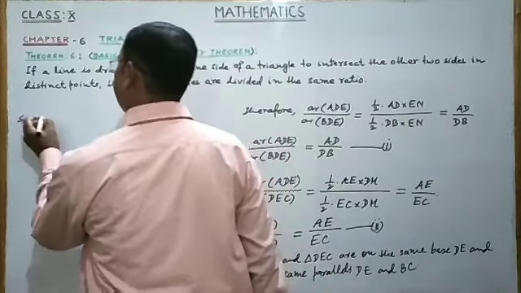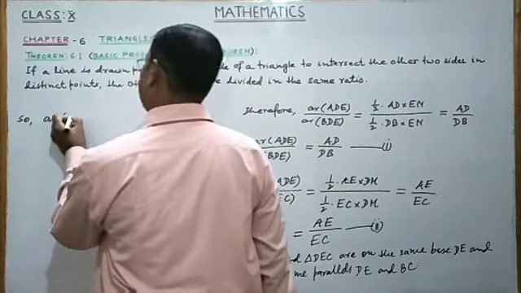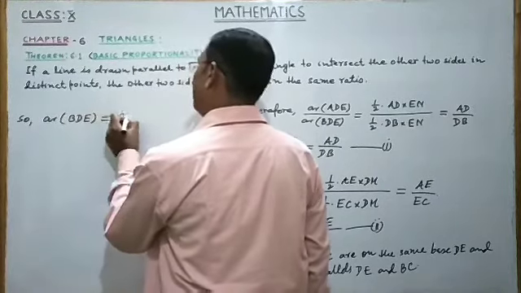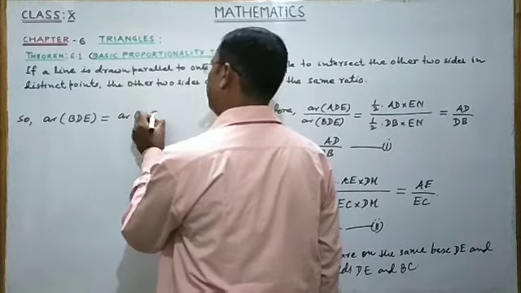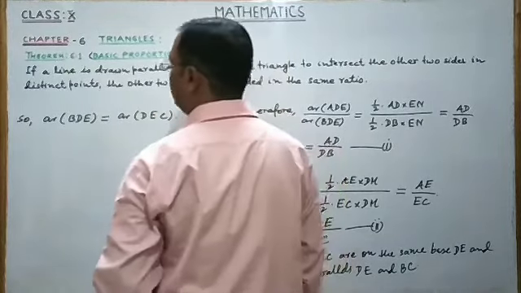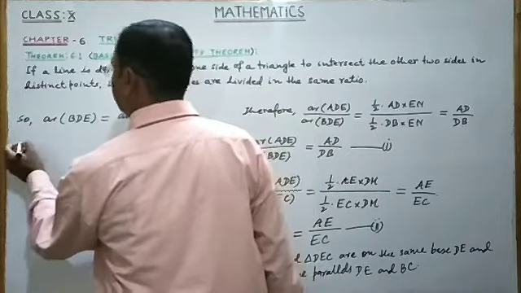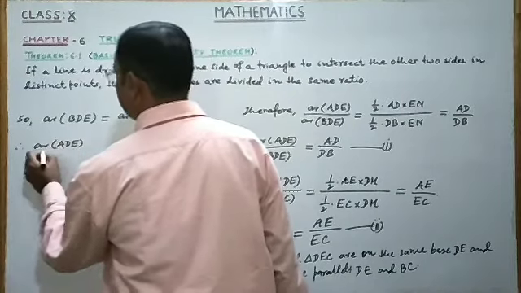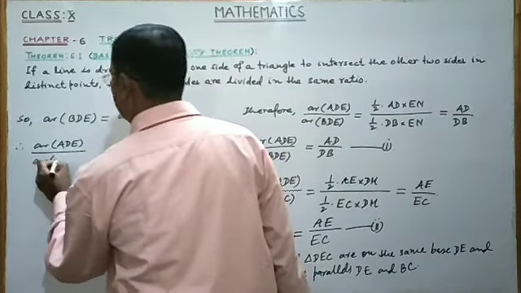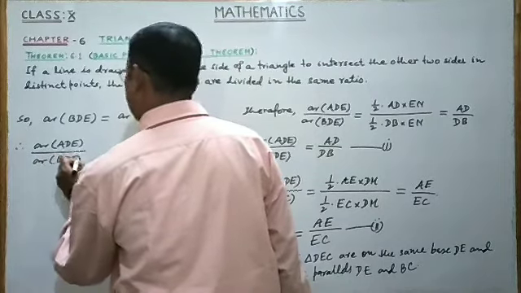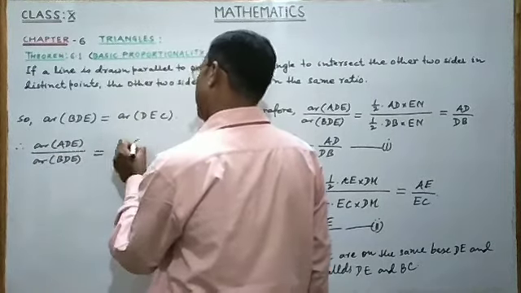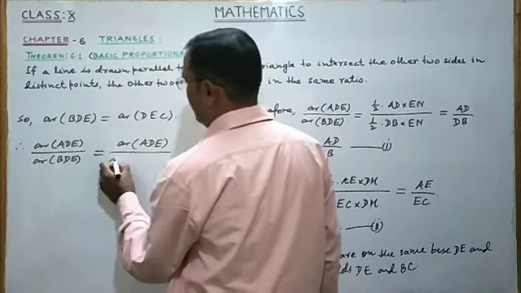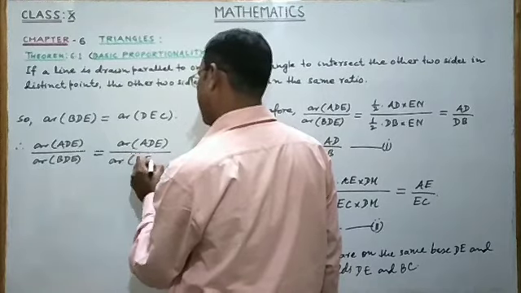So, area of triangle BDE is equal to area of triangle DEC. Therefore, area of triangle ADE by area of triangle BDE is equal to area of triangle ADE by area of triangle DEC.